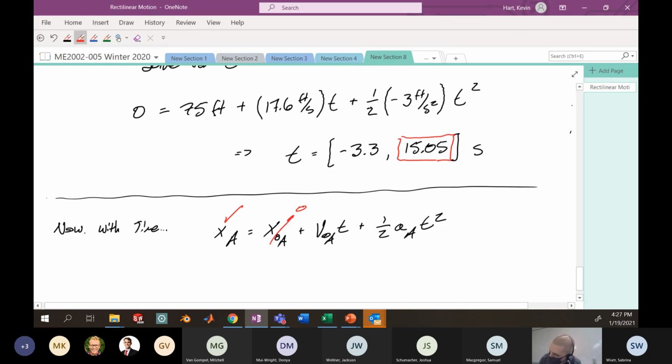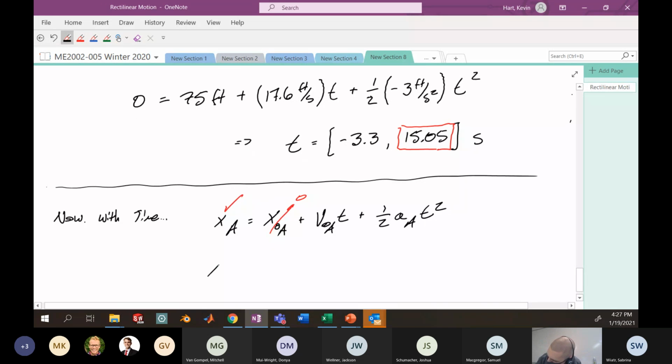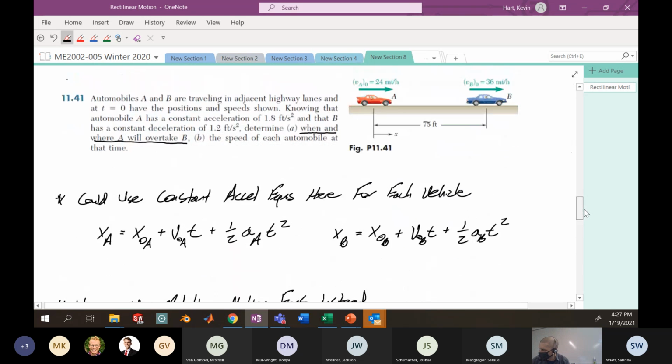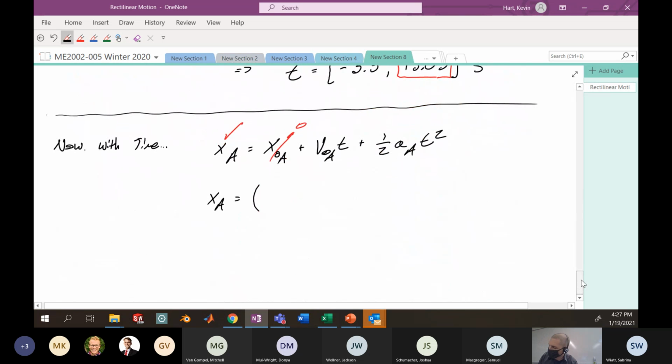Obviously, our initial position for car A is right on the origin, 0. So the position of car A is the initial velocity of car A. Is it 36 for A or 24 for A? I can't remember. 24 for A. So 24 miles per hour, just as a side note, in feet per second is 35.2.